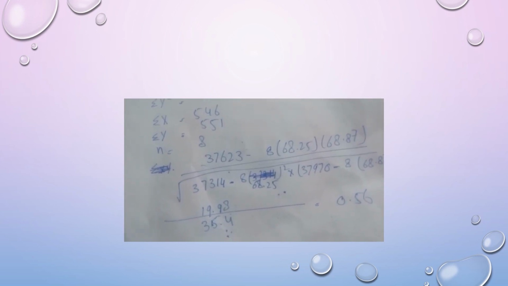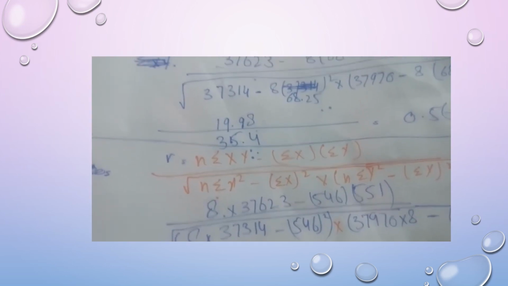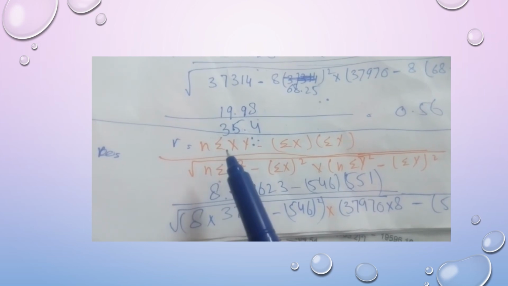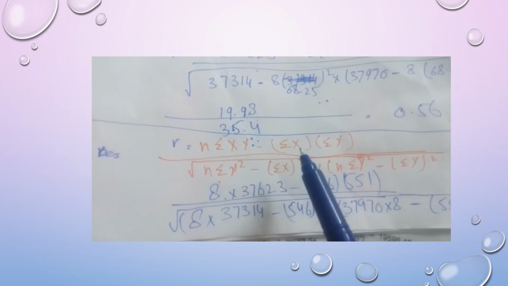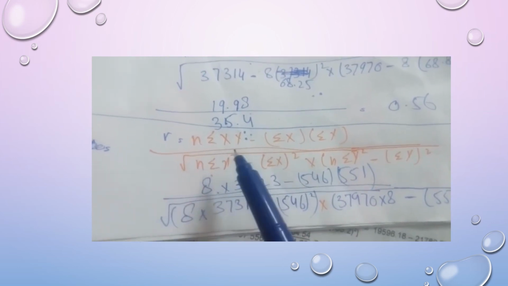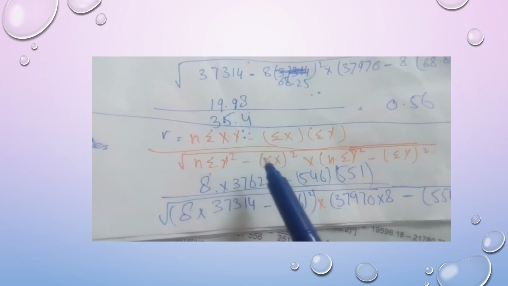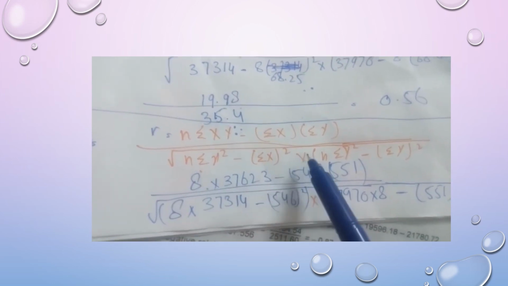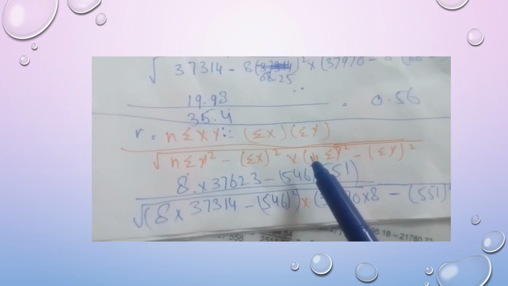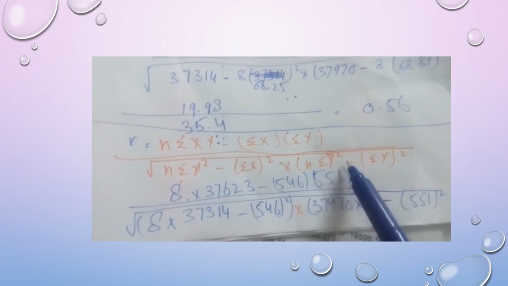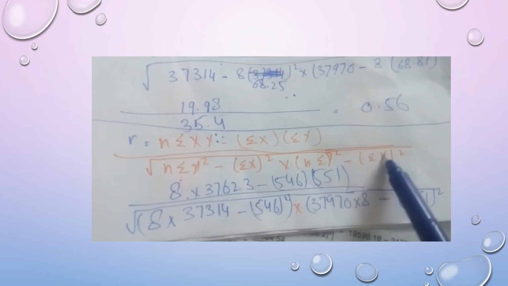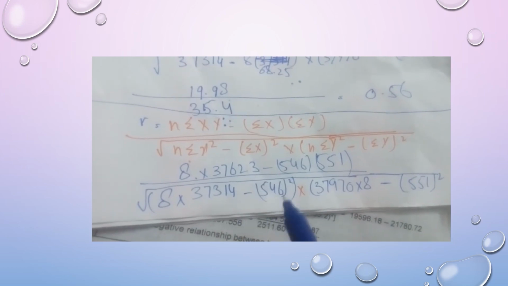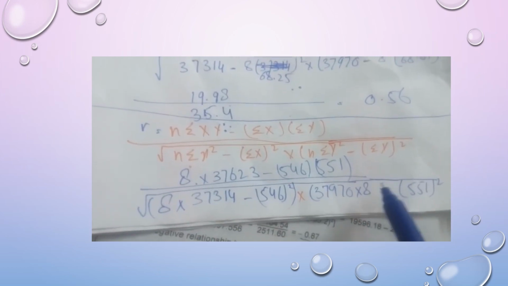I solved this question with the other formula. This is n summation xy minus summation x summation y divided by root of n summation x square minus summation x whole square multiplied with n summation y square minus summation y whole square, and I put all the values.